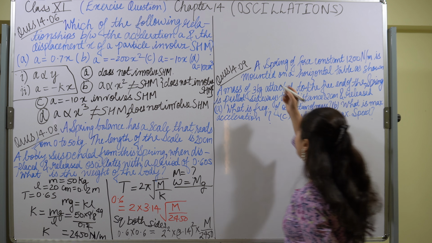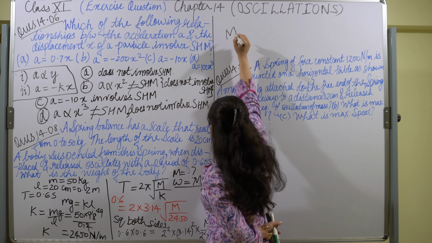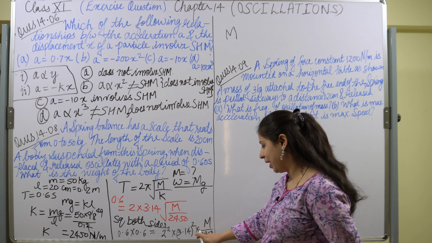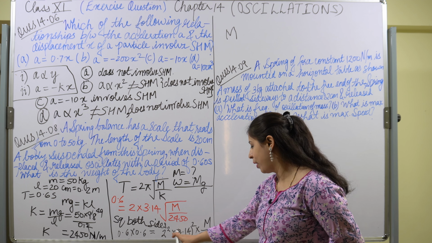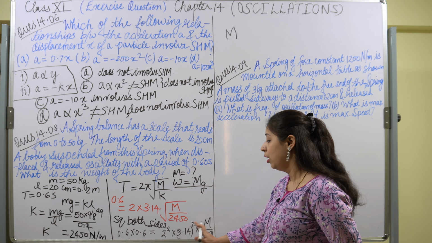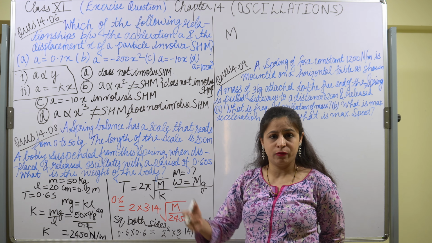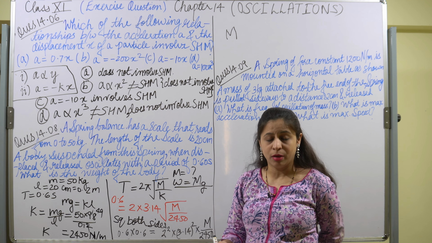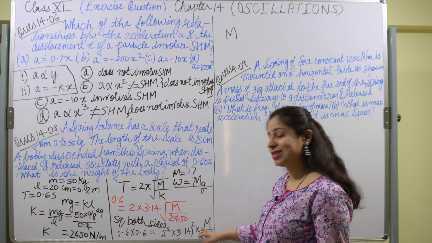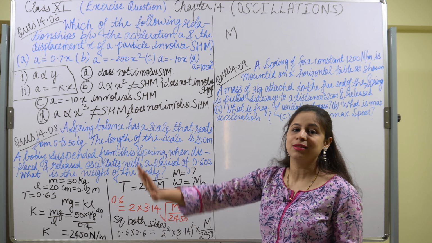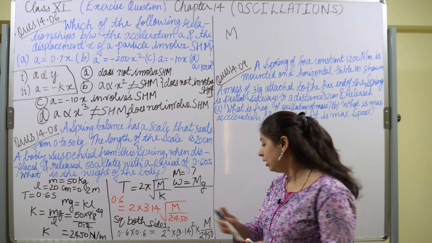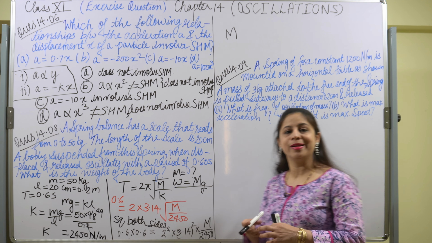So from here, the multiplication terms 2 square and 3.14 square go to the other side and become division, and this 2450, which is in division, gets multiplied by 0.6 into 0.6 when it goes to the other side.